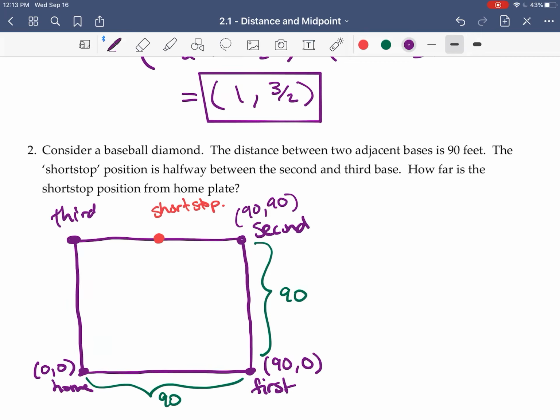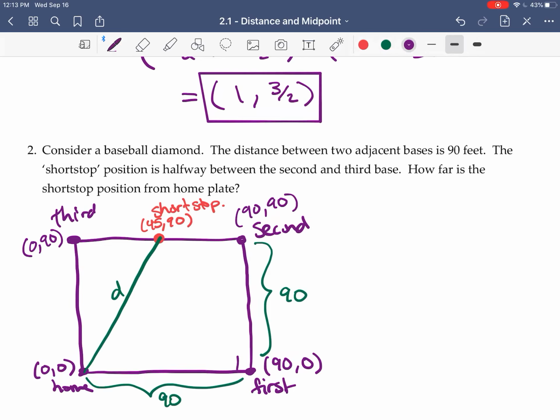Now for third base, I move all the way back to 0 for x, so it's 0, 90. And then the shortstop, I've moved back half of 90, so here it's going to be 45, 90. And what we're looking for is the distance from home plate to shortstop.